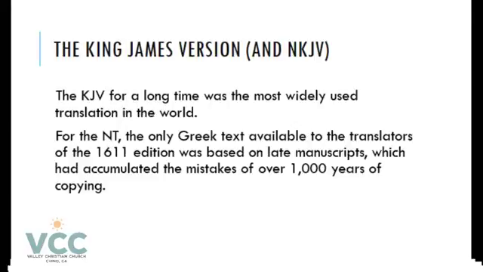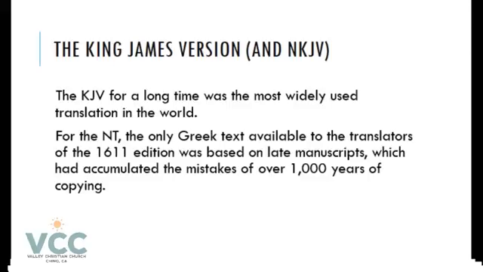So what that means is, by the time the translators of the 1611 edition of the King James Bible, which is the one that we all have, did their work, there were 1,000 years of mistakes, right? And this was before there was really this idea of textual criticism. Essentially, they were just taking original manuscripts and translating them into the English of the day.